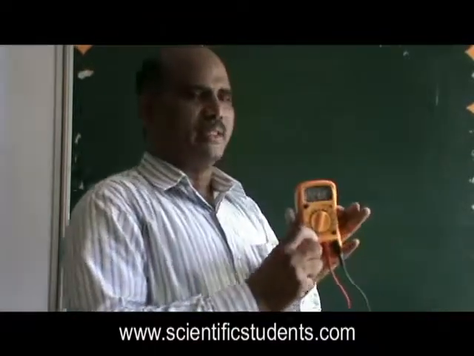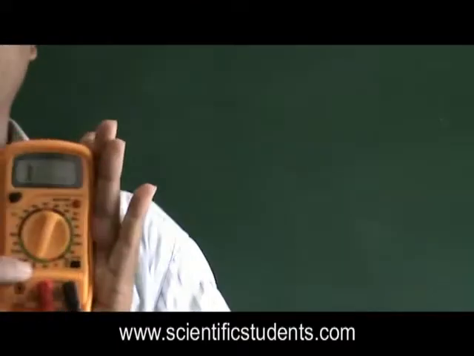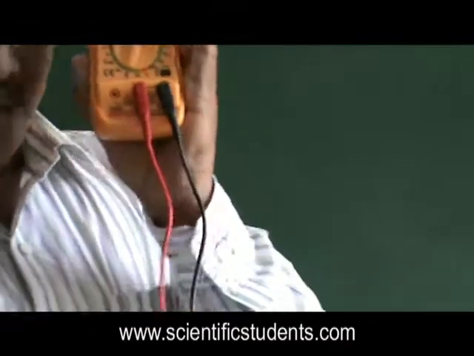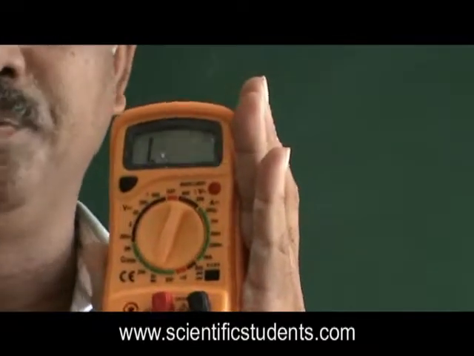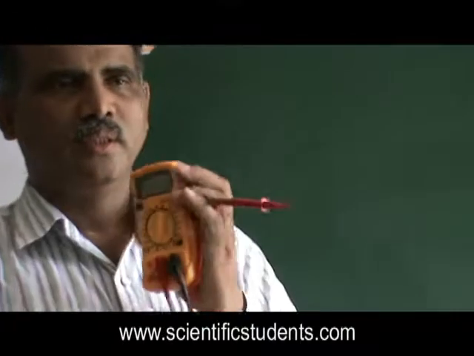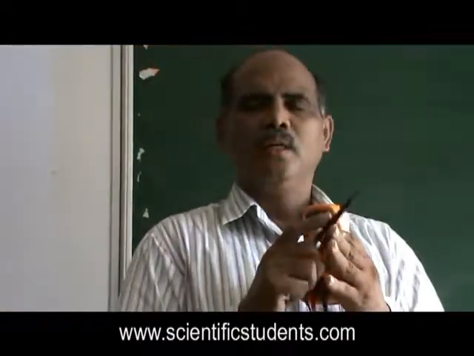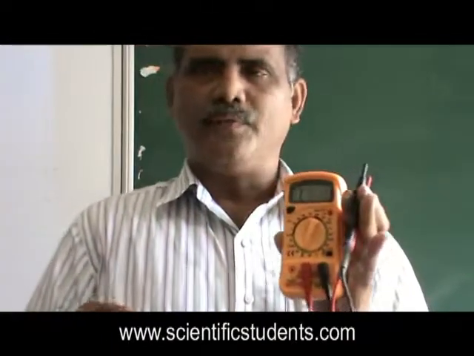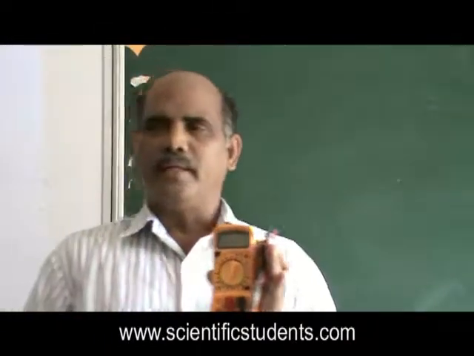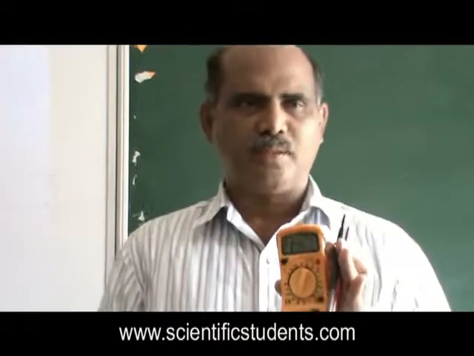There is a diode symbol on it. Then keep the probes on anode and cathode, and see if the value on the display is between 0.350 and 0.850. Then your diode is okay.